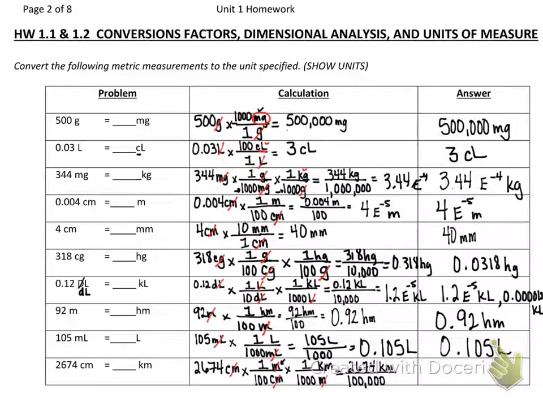No units, because we canceled it out. So now we're going to divide our numerator, 2674, by 100,000. And I'm going to go ahead and write my answer. It's going to be 0.02674 kilometers.